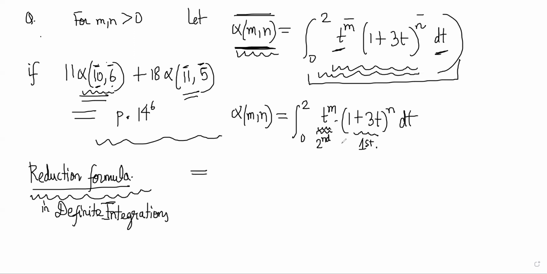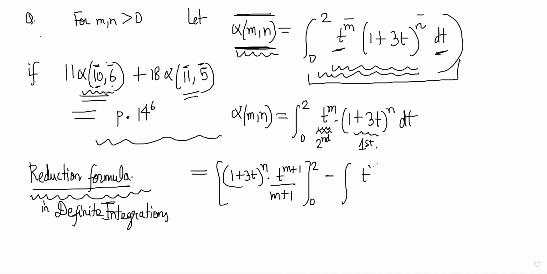So if I do integration by parts, I should get (1 plus 3t) whole power n times t power m plus 1 by m plus 1 from 0 to 2, minus integral of t power m plus 1 by m plus 1 and differentiation of this, right? n (1 plus 3t) power n minus 1 times 3 dt from 0 to 2, correct?